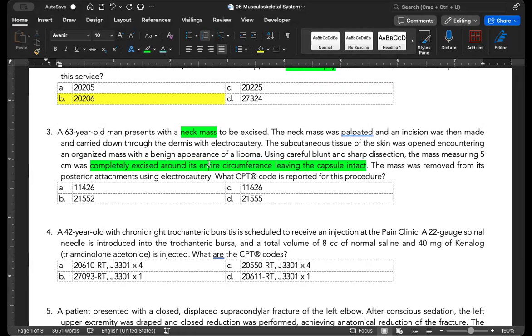So we've got a couple codes, 21552 and then 21554 through 21556. Let's go to 21552. So you'll see that those are out of order and they're just kind of jumbled in there with the 21554, 555, and 556.